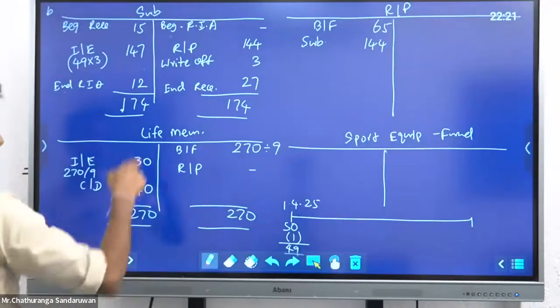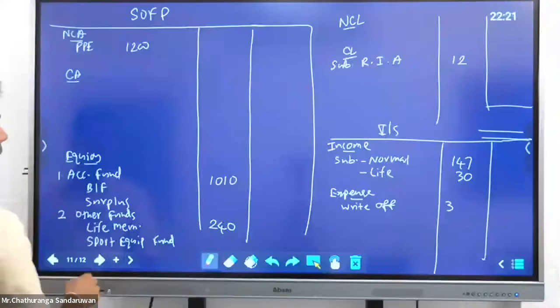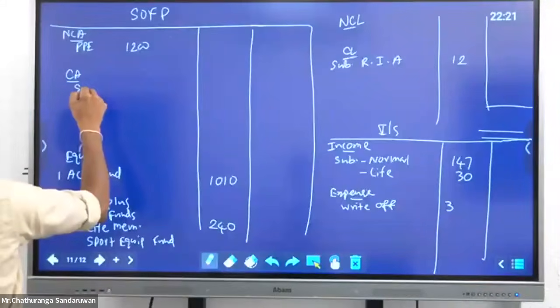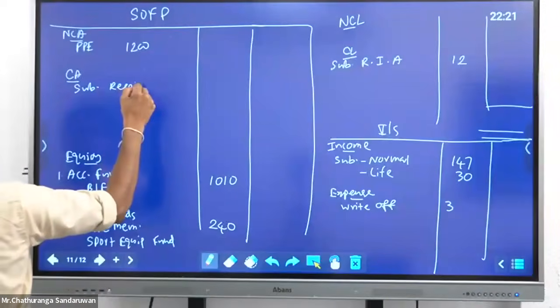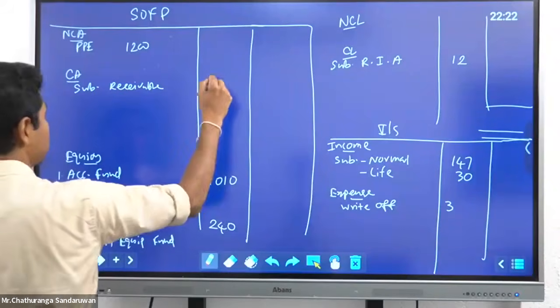That's the ending receivable. That's a current asset. Therefore, take it as current asset, subscription receivable 27.